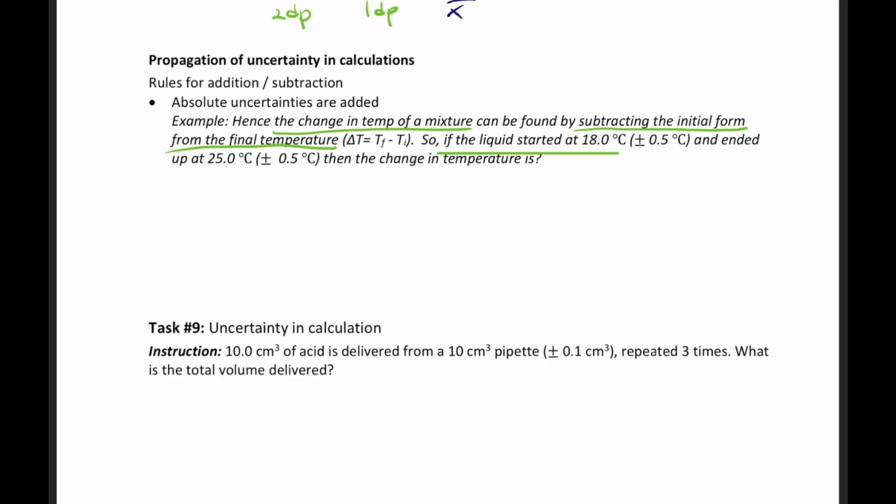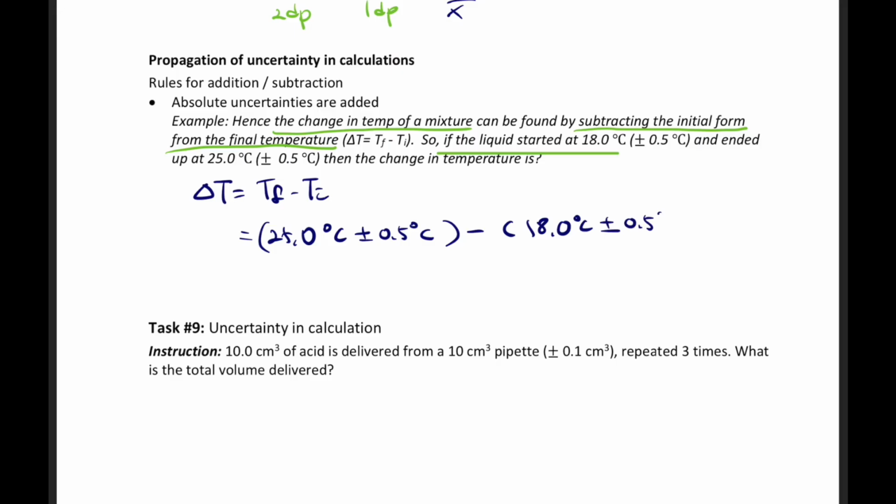In this case, we are doing delta T equals T final minus T initial, so we are trying to calculate the difference between the final and initial temperature. We subtract the initial temperature from the final. So we do 25.0 degrees Celsius plus minus 0.5 degrees Celsius minus 18.0 degrees Celsius plus minus 0.5 degrees Celsius.